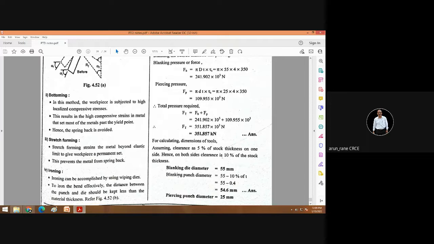Like if my desired size is 55, the blanking die size will be 55. Okay, so the clearance in case of blanking is provided on the punch.